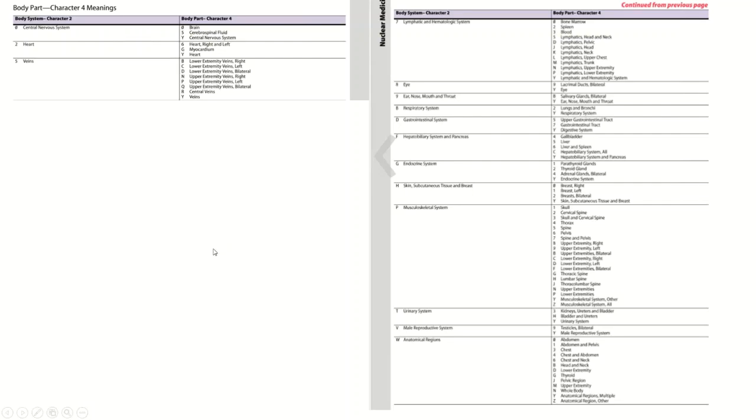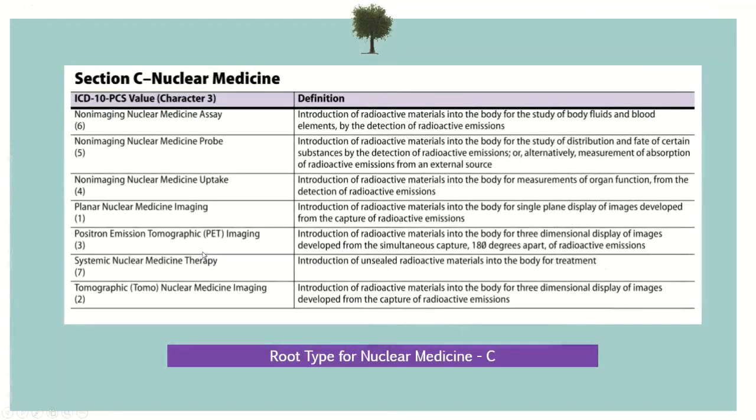All right, now that we've looked at the character meanings, let's take a closer look at the root types. We've got non-imaging nuclear medicine assay, which is introduction of radioactive materials into the body for the study of body fluids, blood, elements by the detection of radioactive emissions.